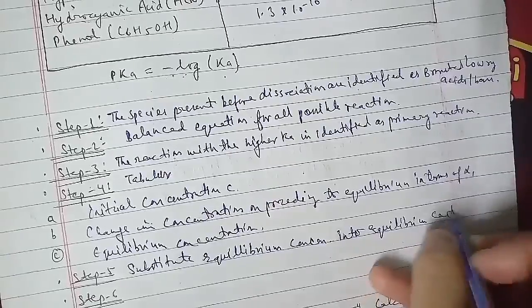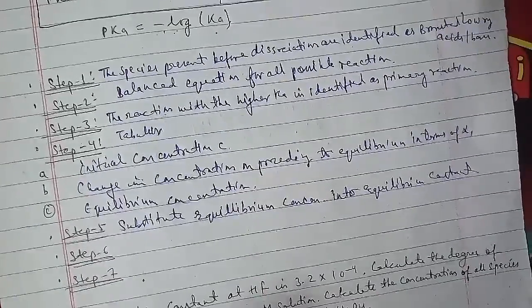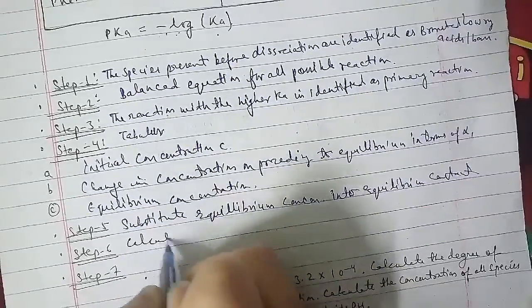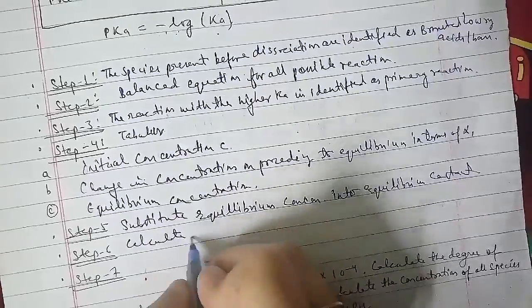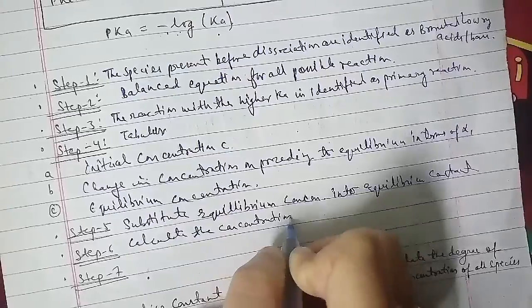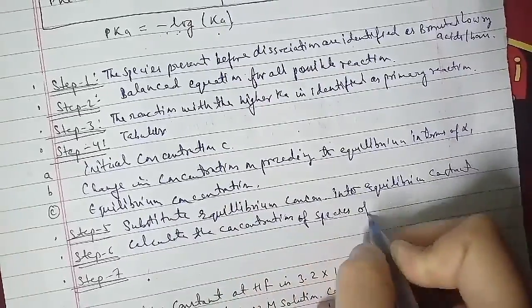For the following, we can say that the following proton transfer reactions are possible. First is HF plus H2O, which gives H3O+ plus F-, where Ka equals 3.2 × 10^-4.